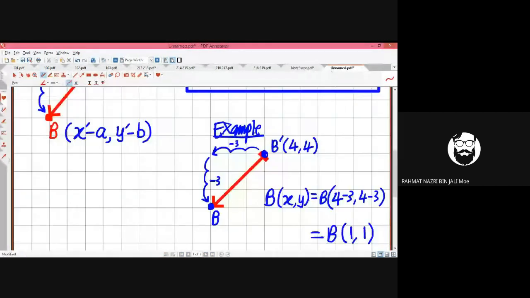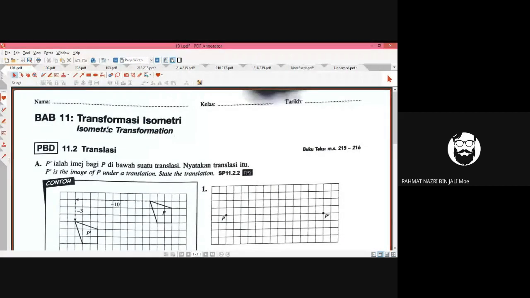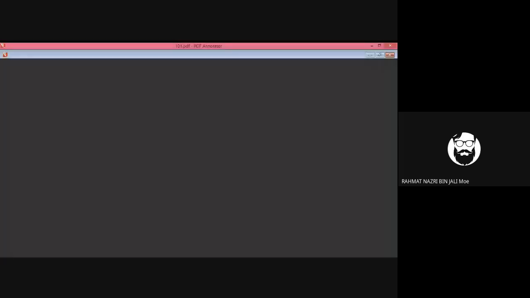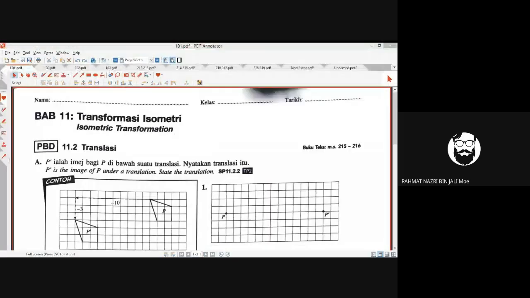Soalan saya skip terus lah sebab 4:30 sudah. Okay, sekarang kita bincang buku kerja muka surat 101.